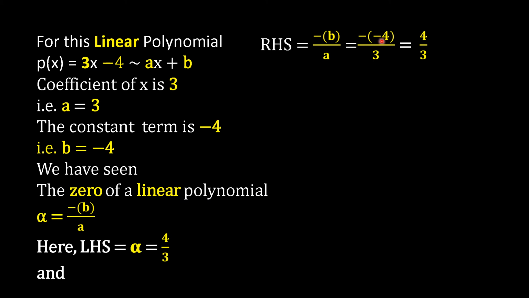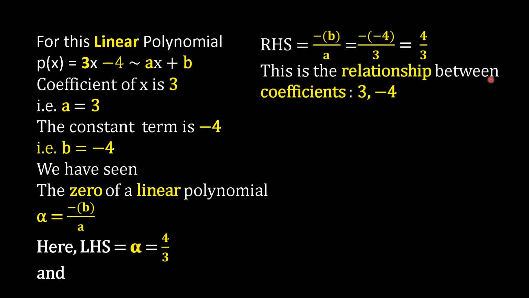So minus of minus 4 will be 4 and the RHS will be 4/3. Here the left hand side alpha is 4/3 and the right hand side, which is -b/a, is also 4/3. Hence, this is the relationship between the coefficients 3 and -4, and the zero, 4/3.